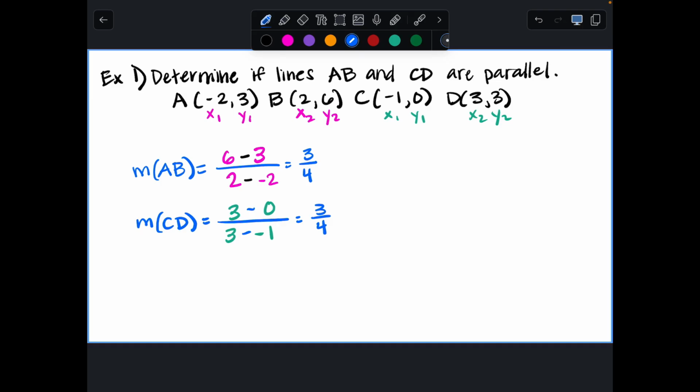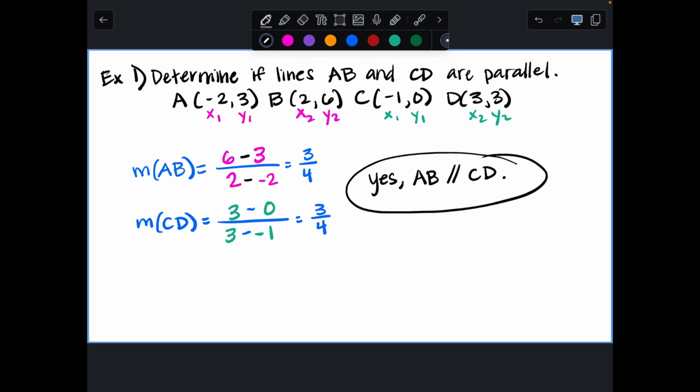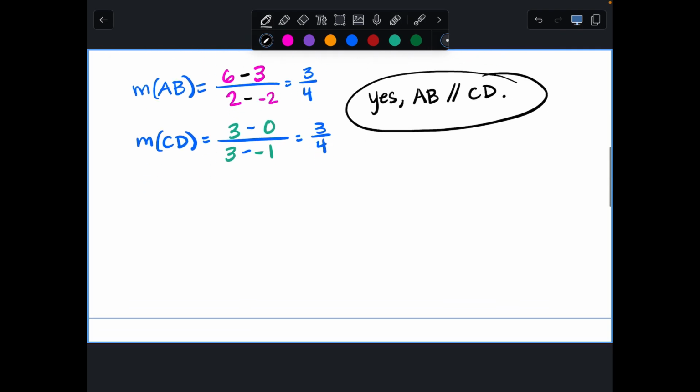So the slopes are the same. So the answer to the question is yes, AB is parallel to CD. So that's how you use the slope formula to prove that lines are parallel.